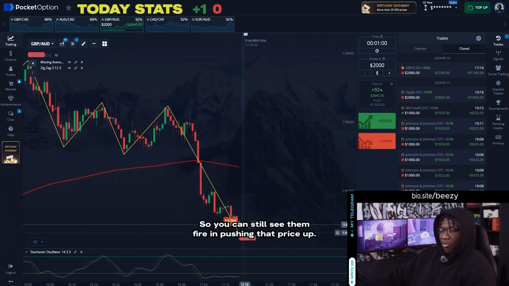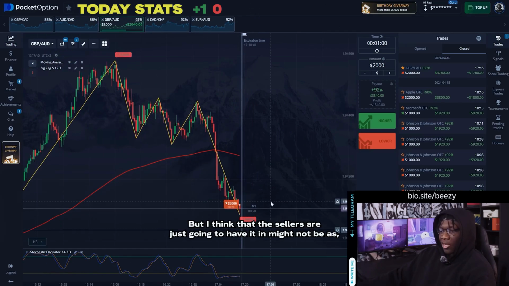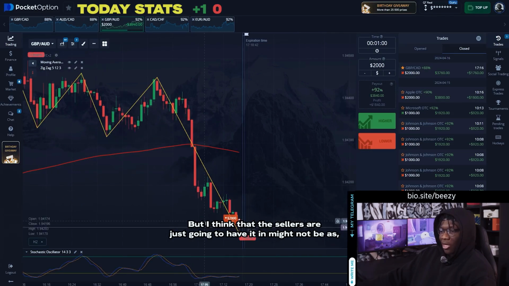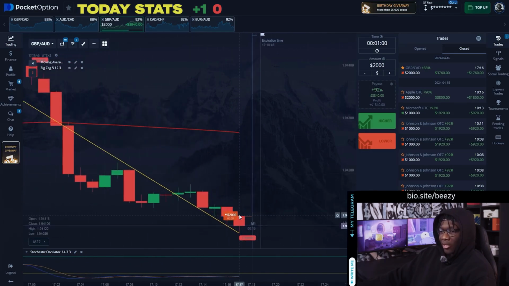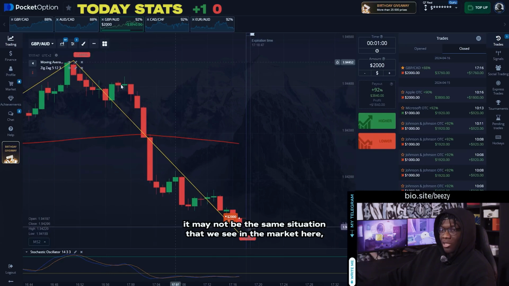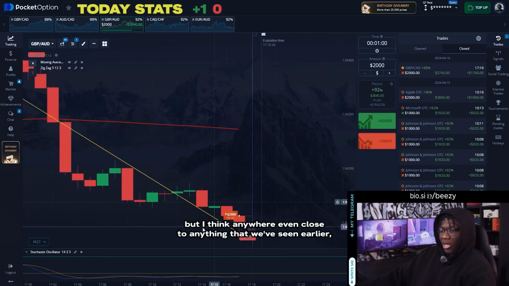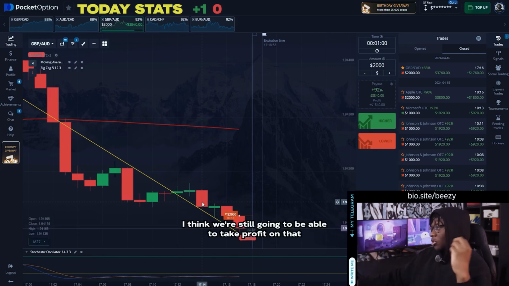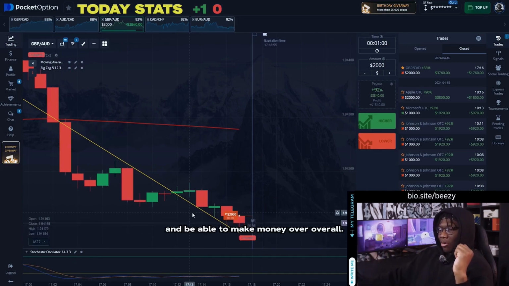You can still see them fight and push that price up, but I think the sellers are just going to have it. It might not be the same situation we saw earlier in the market, but I think we're still going to be able to take profit on that and make money off of it.